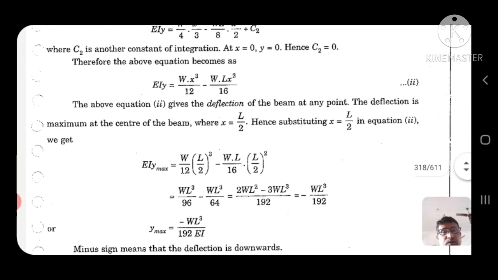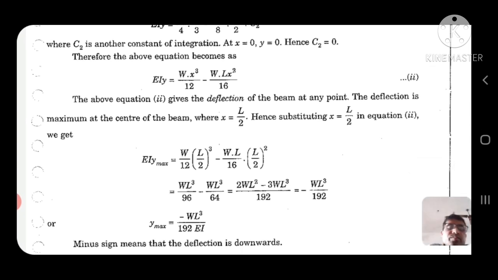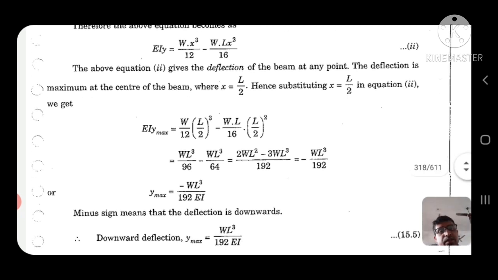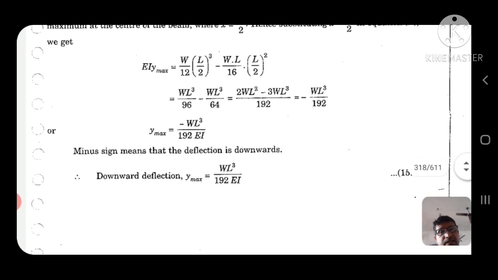So the deflection at the center: EI y max equals W by 12 into L by 2 whole cube minus WL by 16 into L by 2 whole square, that is equal to minus WL cube by 192. So y max equals minus WL cube by 192 EI. Minus sign means that the deflection is downward, and downward deflection y max is WL cube by 192 EI.